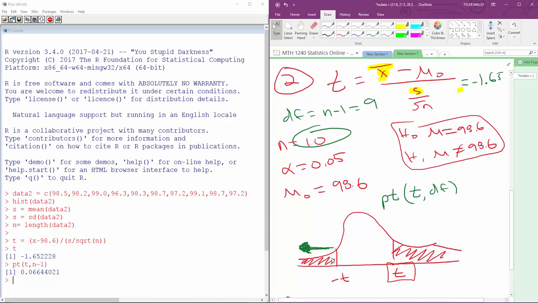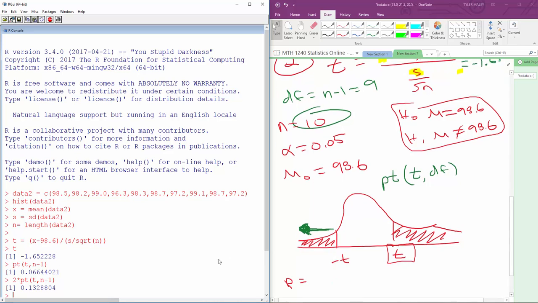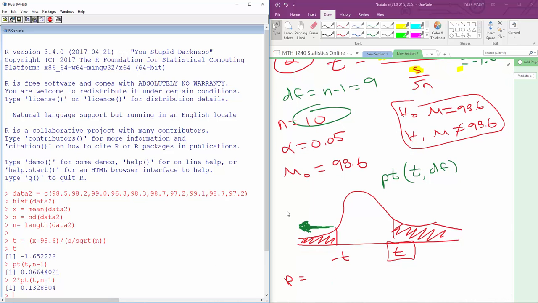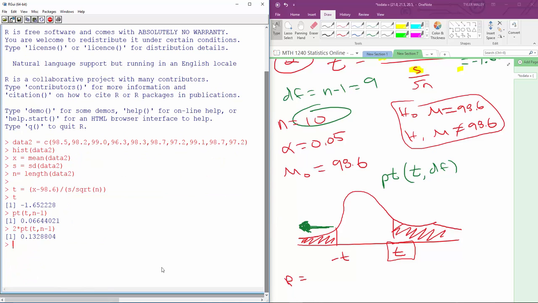This area is the same as the area in the right tail. So I actually need to take this times 2. If I go up one and put 2 times in front, now I will get my p-value. So don't forget, when you're doing a two-tailed test, we have to double the area, especially if you're looking in a table or calculating in this way.